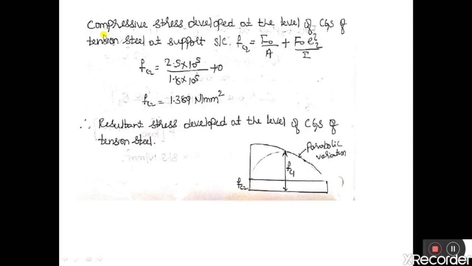So let us calculate the compressive stress developed at the level of CG of tension steel at support, that is Fc2. The previous one we took as Fc1, and this one let us take as Fc2.